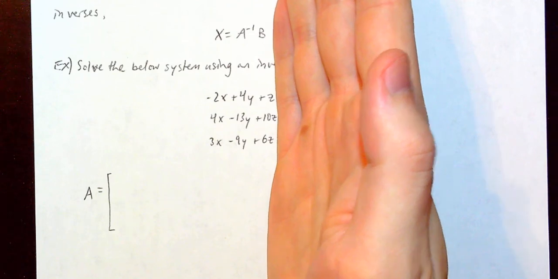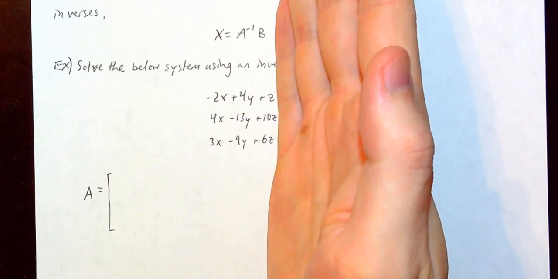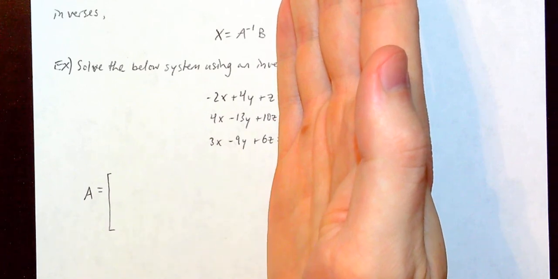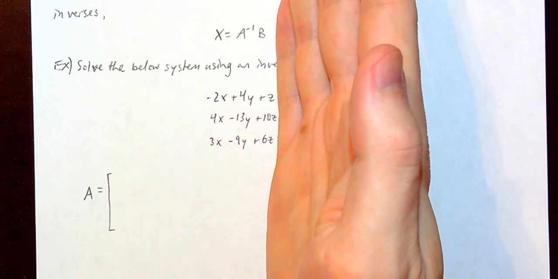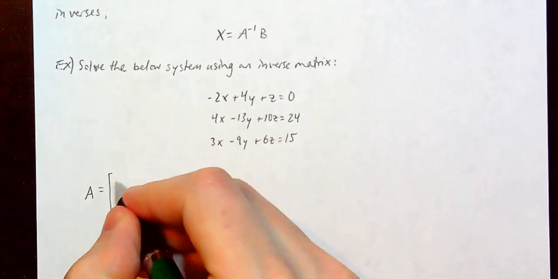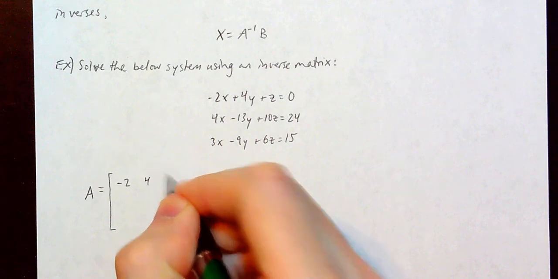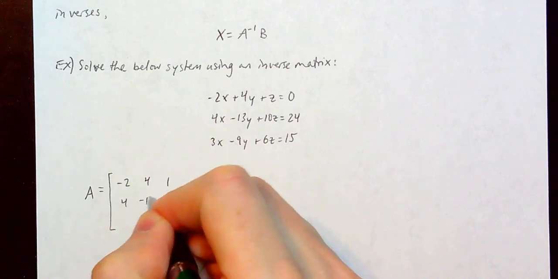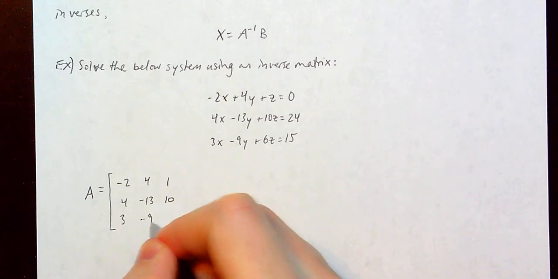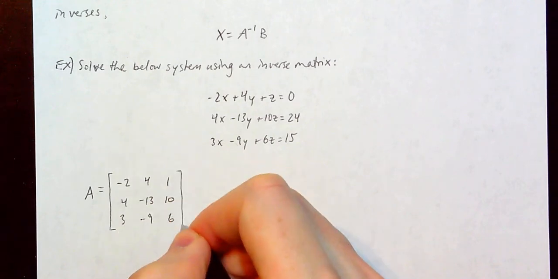I'm only focused on these things here. I'm going to look at the numbers in front of these variables, and I'm going to make a 3 by 3 matrix out of those coefficients. So that's going to give me negative 2, 4, 1, 4, negative 13, 10, and then 3, negative 9, and 6.